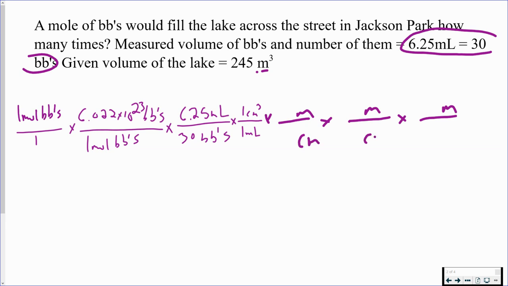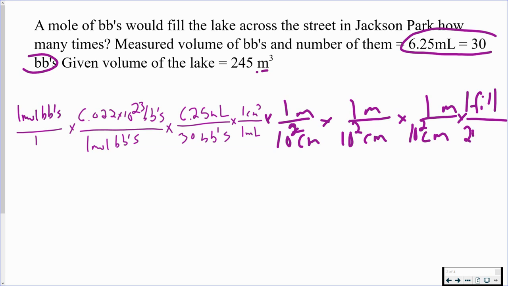Centimeters down at the bottom 3 times. Meters is going to get the 1. It's bigger. There are 100 centimeters in a meter, so that is 10 to the second. And finally, it is 1 fill of the lake for every 245 meters cubed. There's our steps for a volume.